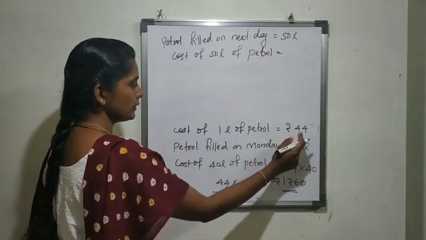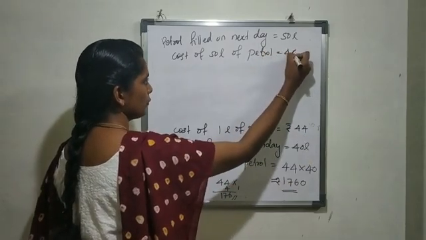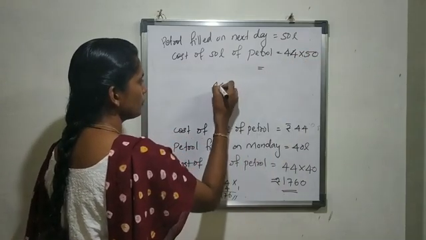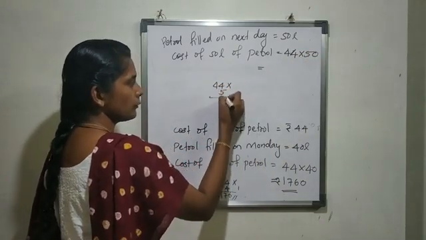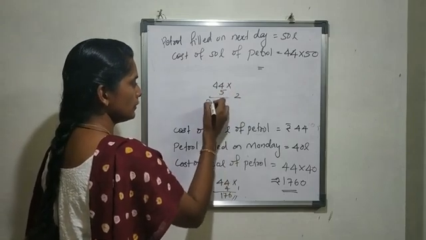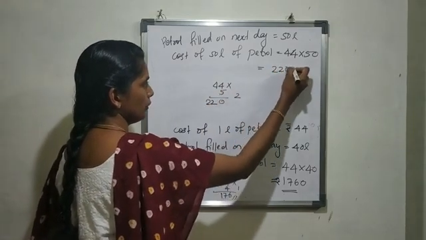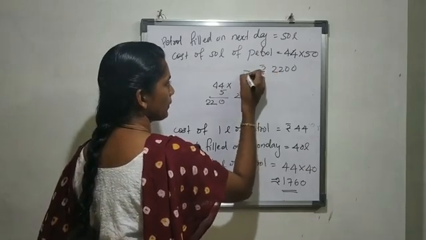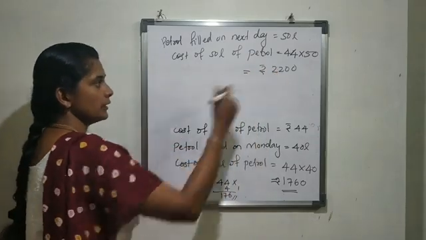Cost of 1 litre is 44, therefore 44 into 50. That is 44 into 5. 5 4s are 20, plus 2, that is 22. 1 more 0 is there for 50. So 2200 is the cost of 50 litres of petrol.